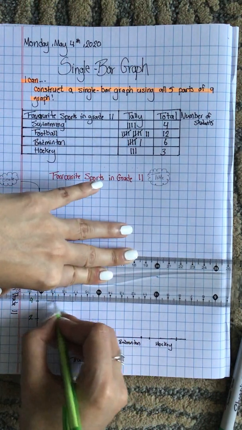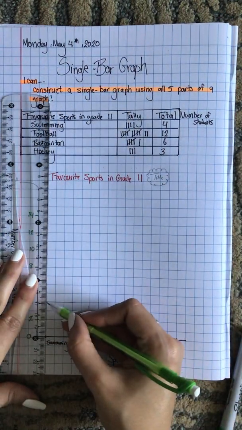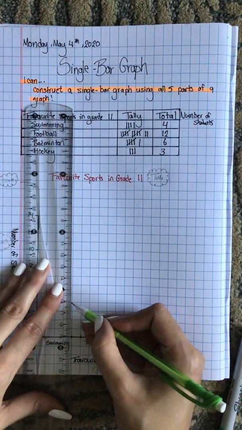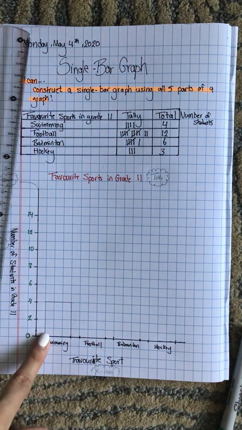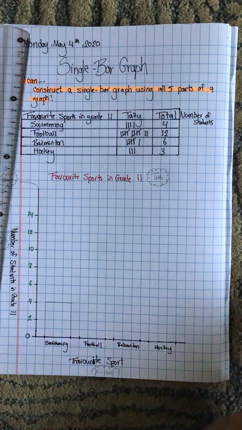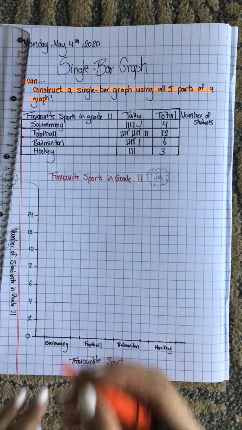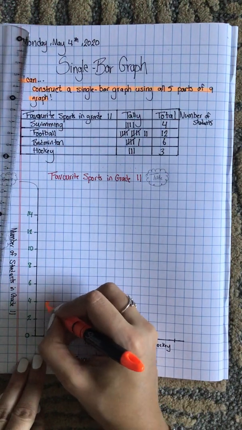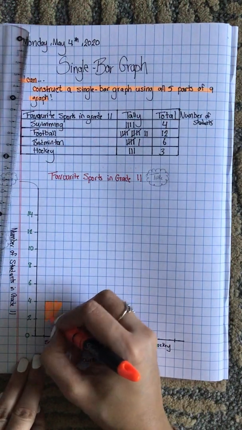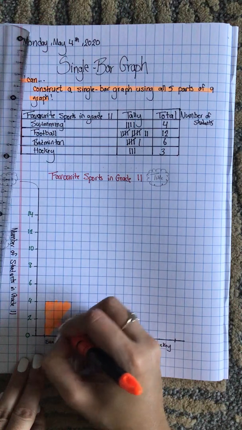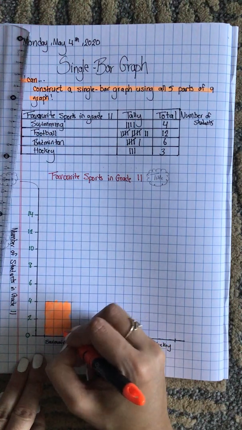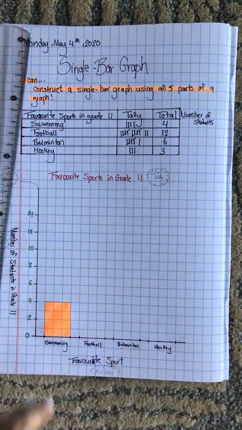Swimming is here, right? And this is why I really love that I did grid paper. So that's 3, and then I'll use a highlighter just to color it in. There we go.